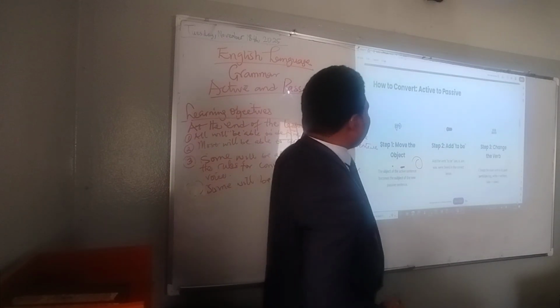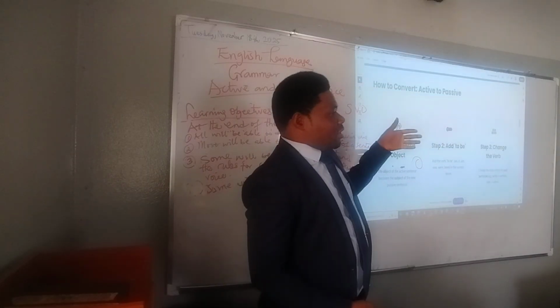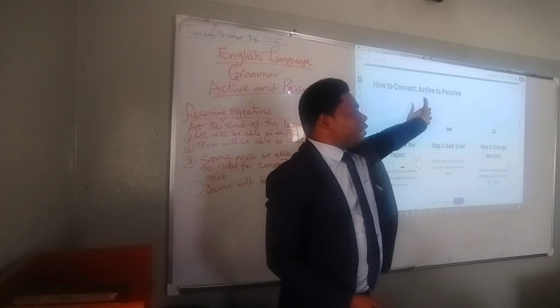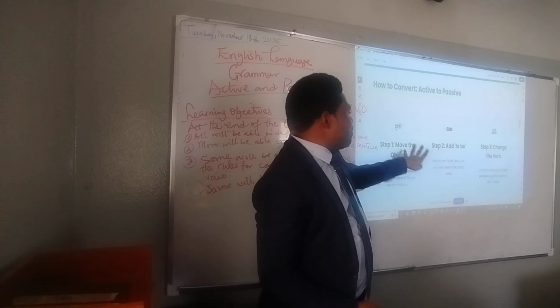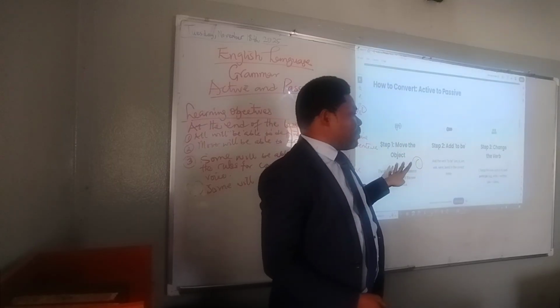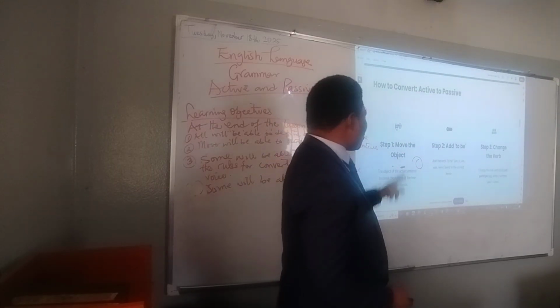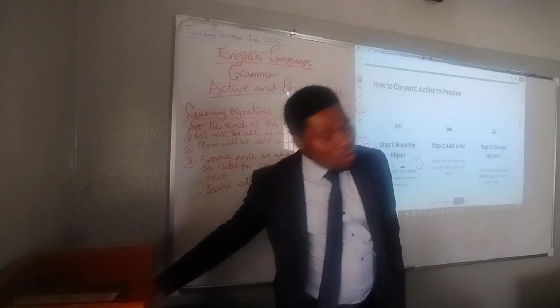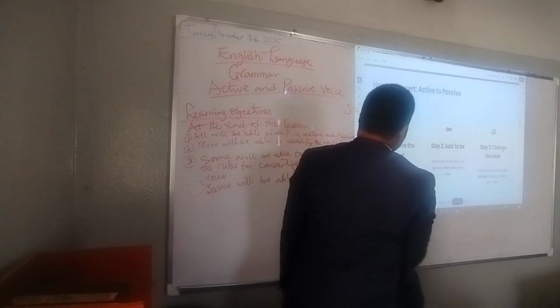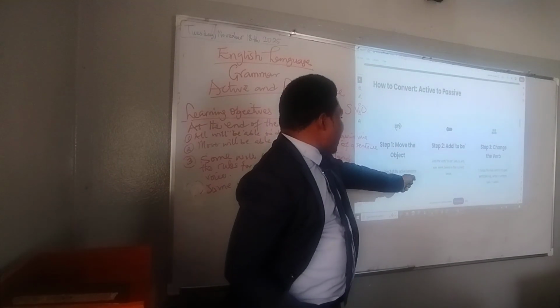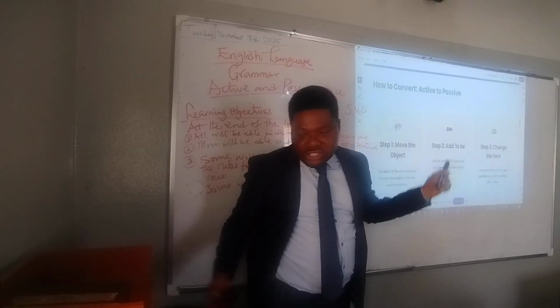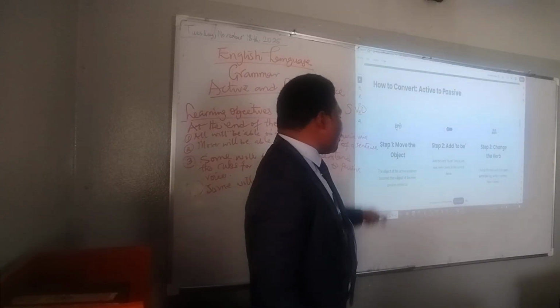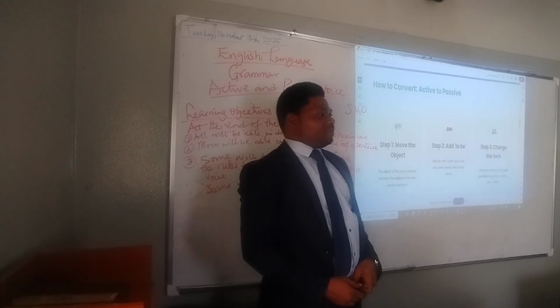So how do we convert a sentence from active voice to passive voice? There are basically 3 steps. The first one is move the object. The object of the active sentence becomes the subject of the new passive sentence.